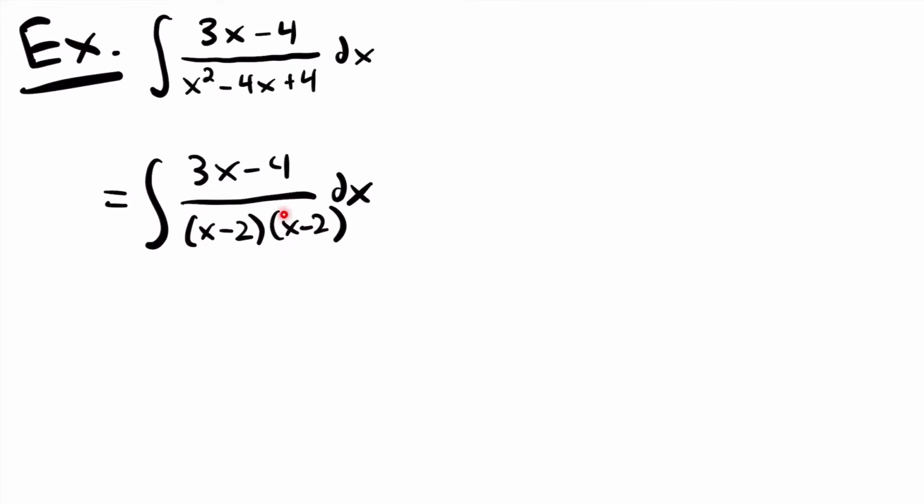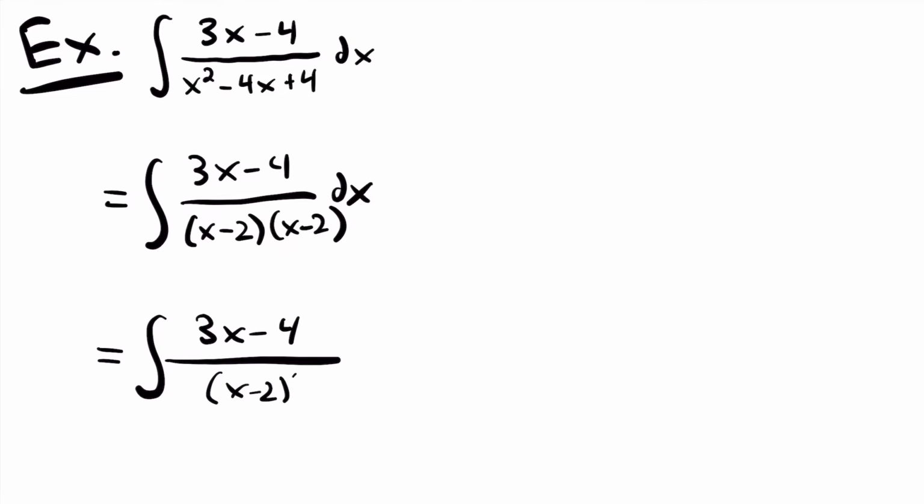We have 2 of these linear factors of x minus 2. And so if we combine them, this will be equal to the integral of 3x minus 4 divided by x minus 2 squared times dx. Okay, so whenever you have a repeated factor, or a factor that shows up more than once in the denominator, you should always combine them like so.